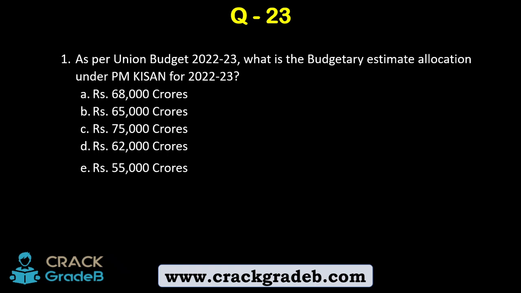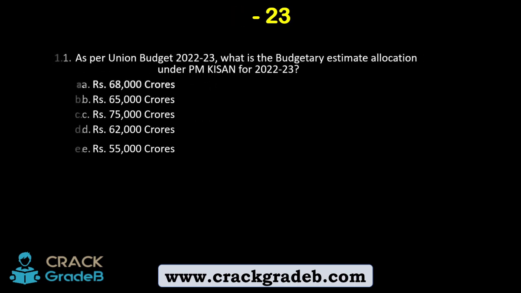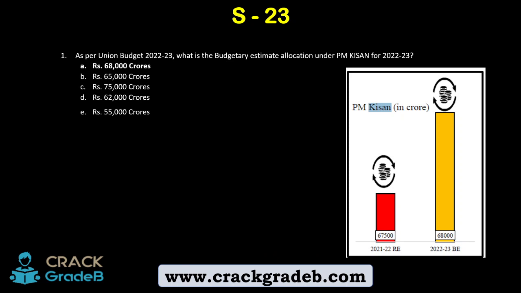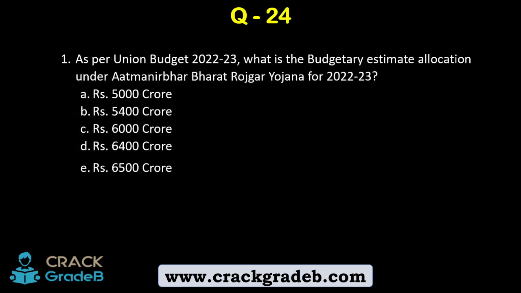What is the budgetary estimate allocation under PM Kisan for 22-23? Now, the correct answer is 8,000 crore. Let's see the next question. As per the budget, what is the budgetary estimate allocation under Atmanirbhar Bharat Rozgar Yojana 22-23?